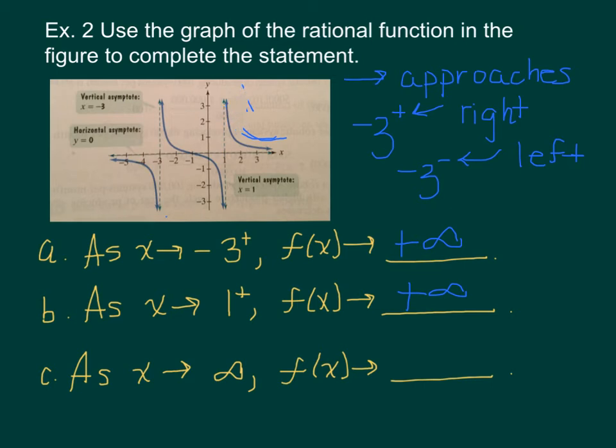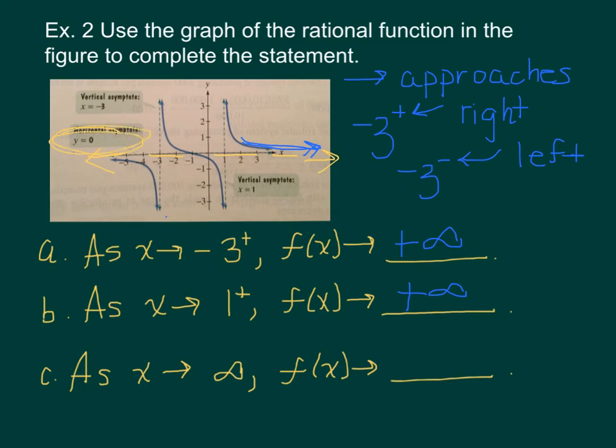C, as x approaches positive infinity, so here's positive infinity going this way, f of x approaches, or is getting close to, if you notice, is not passing this line, and this line is where y equals 0, so it's right here.